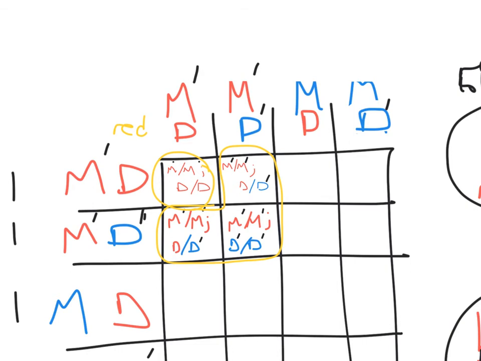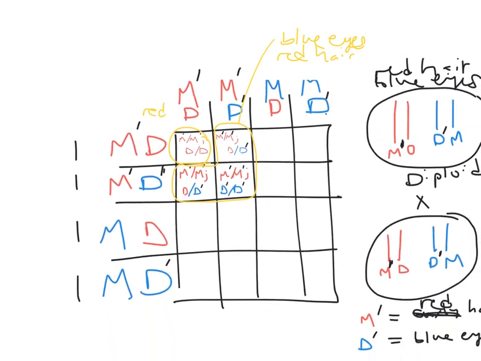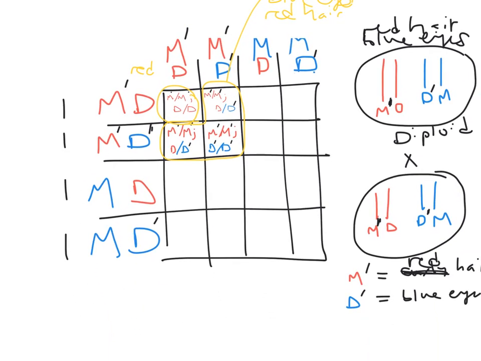So those are all what phenotype? Blue eyes, red hair. Yep. Blue eyes, red hair. Because every one of those individuals has at least one dominant allele. Now we could finish filling out the Punnett square, but I'm not sure that that's actually necessary.